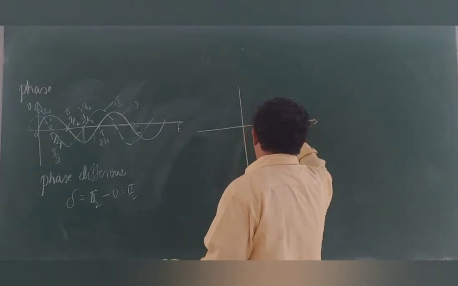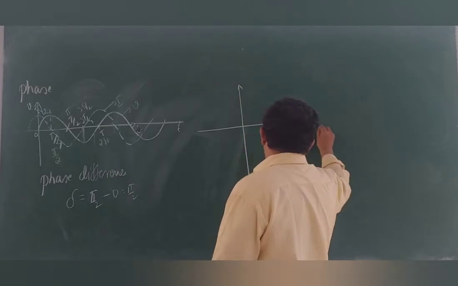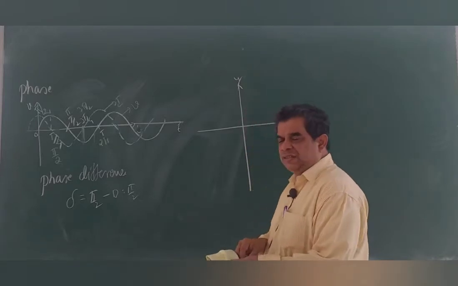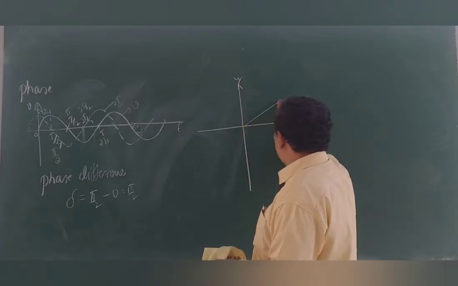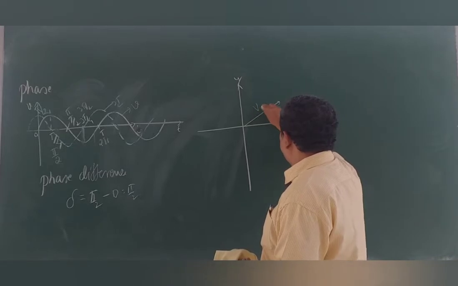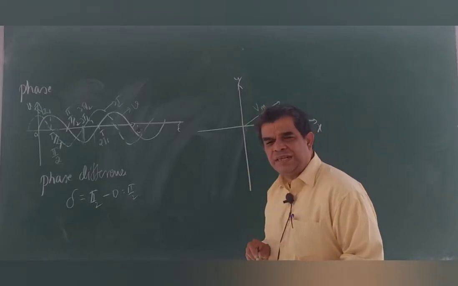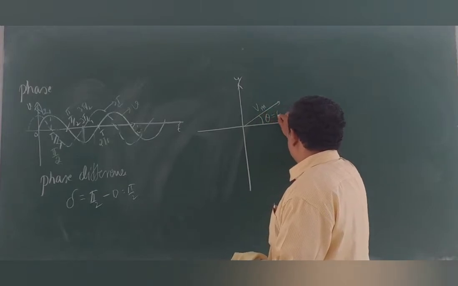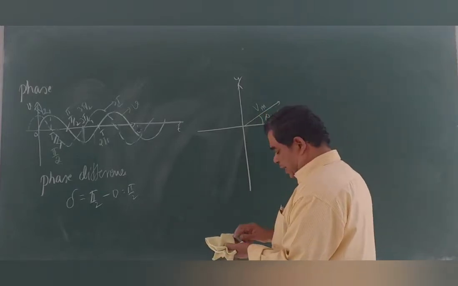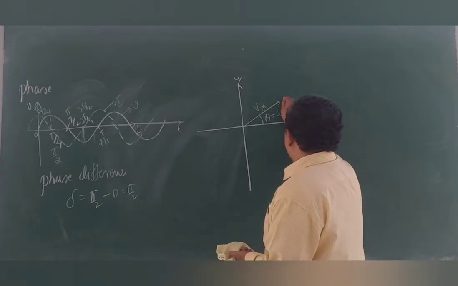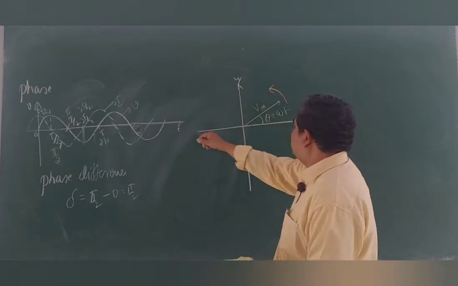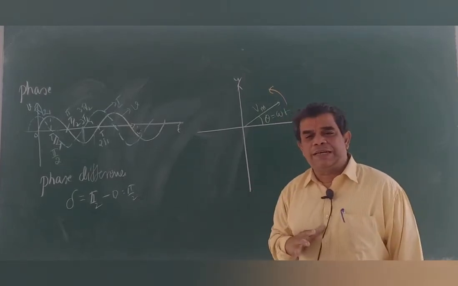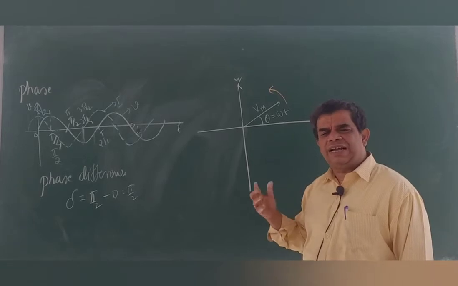Any AC quantity can be represented as a vector, where this is the x-axis, this is the y-axis, and a rotating vector whose magnitude is equal to the peak value of voltage or current, here I am representing voltage, and makes an angle theta equal to omega t with respect to the x-axis, and the sense of rotation is anti-clockwise from x towards y.